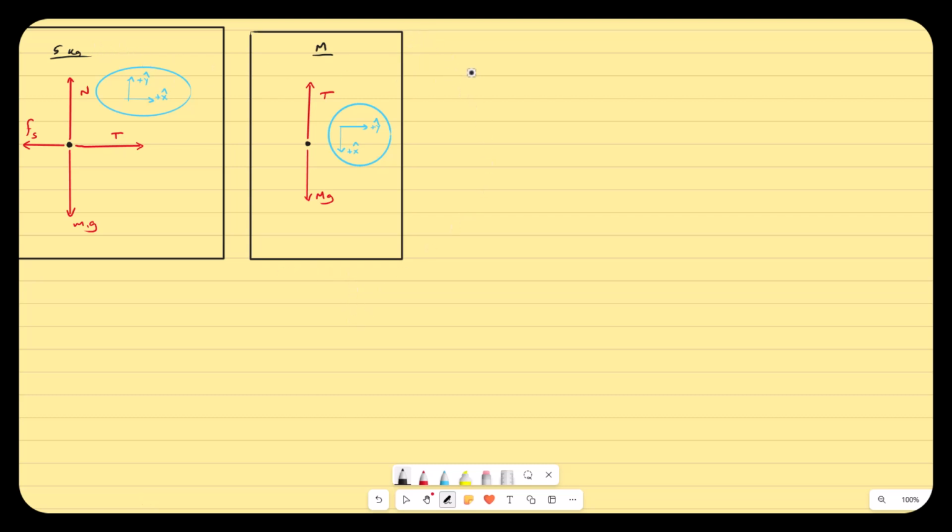For the box, I have x direction forces that look like this. I'm going to say my sum of forces in x equals, I've got tension to the right, I've got friction to the left, and that's it. So it equals m1 times acceleration. That's acceleration in the x direction.